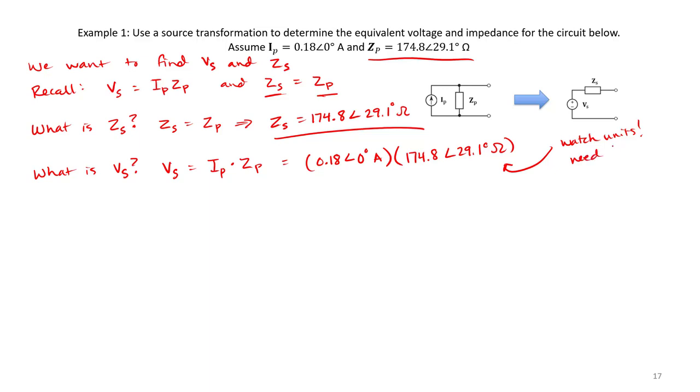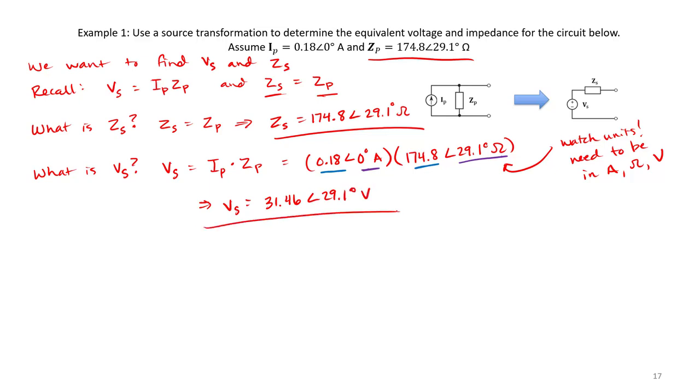Remember, we need to be in amperes, ohms, and volts in order for our units to not be off. So this is nice and easy. We just multiply our magnitudes and add our angles. And we determine that our Vs value will be 31.46 angle 29.1 degree volts.